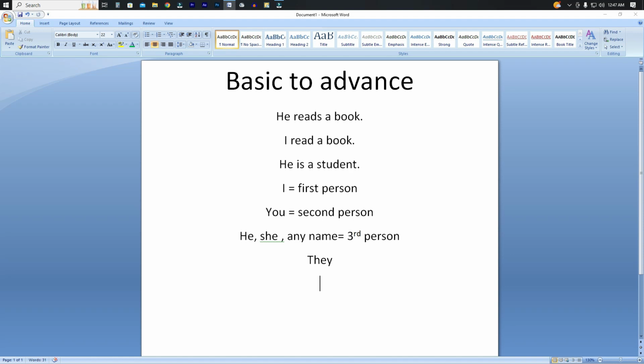If we have to say Rohim and Korim, and if I ask you, how many persons here? Obviously there are two persons, so the number is plural here. So what have we already known? Persons and number.